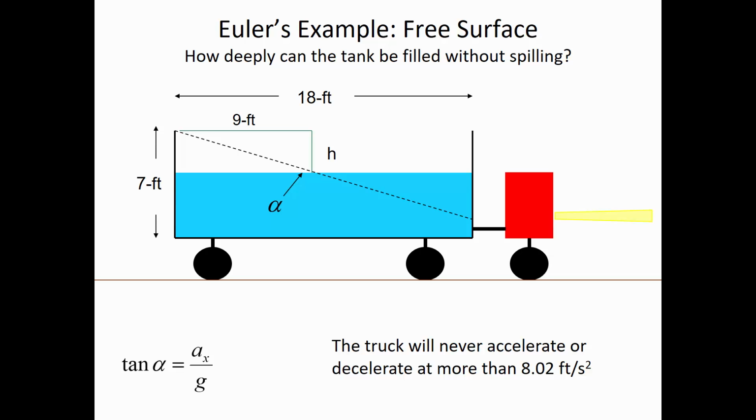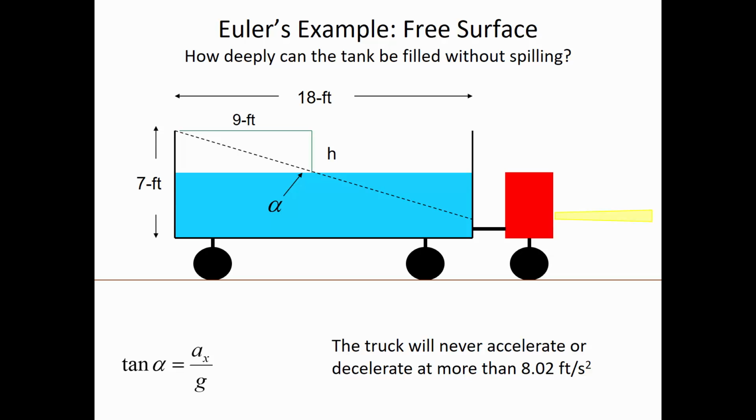So this distance h, essentially h is the opposite, is going to be 2.24 feet. Now the other way that you could get that distance is by recognizing similar triangles here: the ratio of h to 9 is the same as the acceleration in the x direction relative to g. What we're saying is that the vertical deflection is caused by the horizontal acceleration.